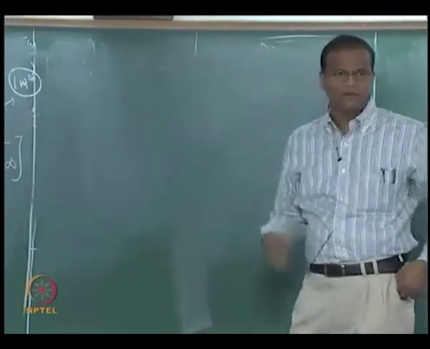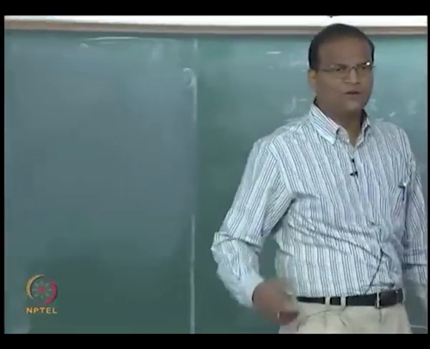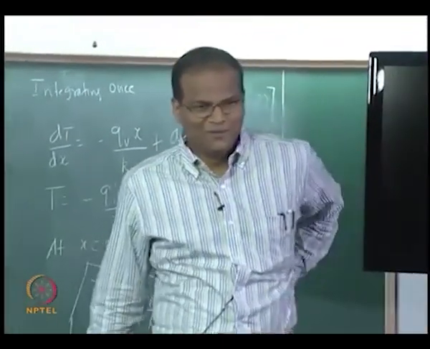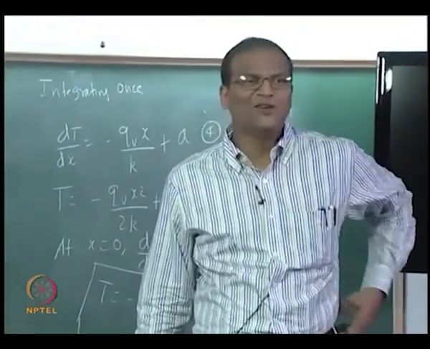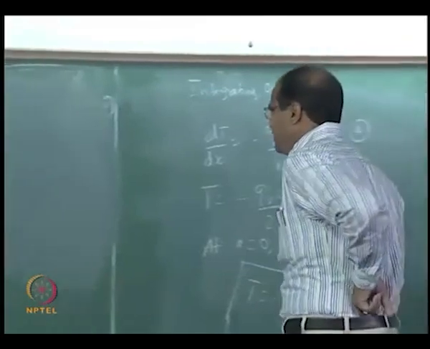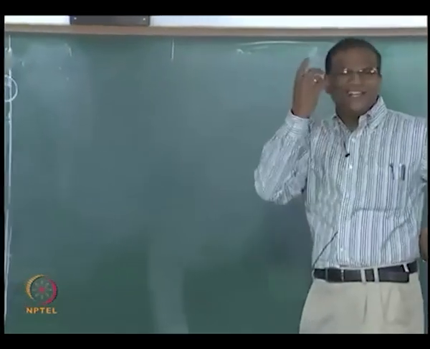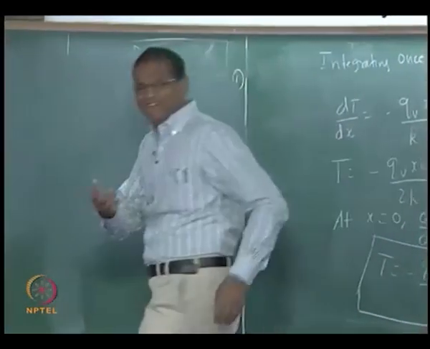Yes, but instead of doing it mathematically I am doing it physically. If you apply the boundary condition you will get the same thing. That boundary condition is energy balance, isn't it? Right?